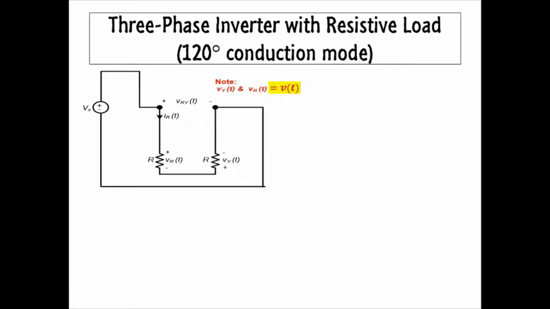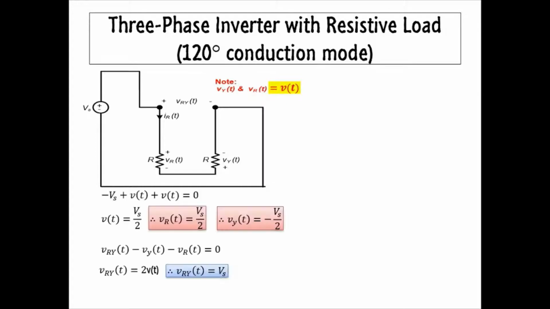By applying KVL, the voltage equations can be derived as follows. According to the equations, the amplitude of VR and VY is half of the supply voltage. Nonetheless, based on the equivalent circuit, both phase voltages have opposite polarities.